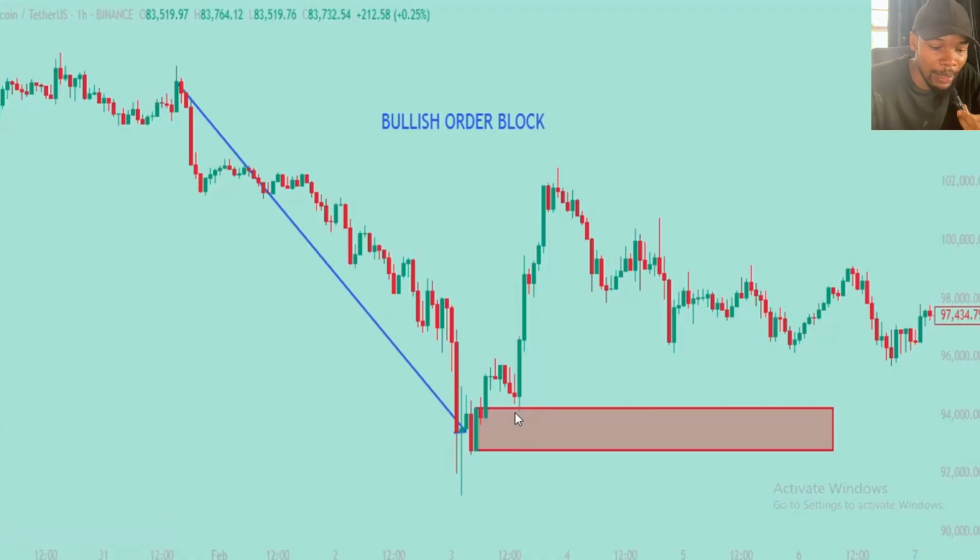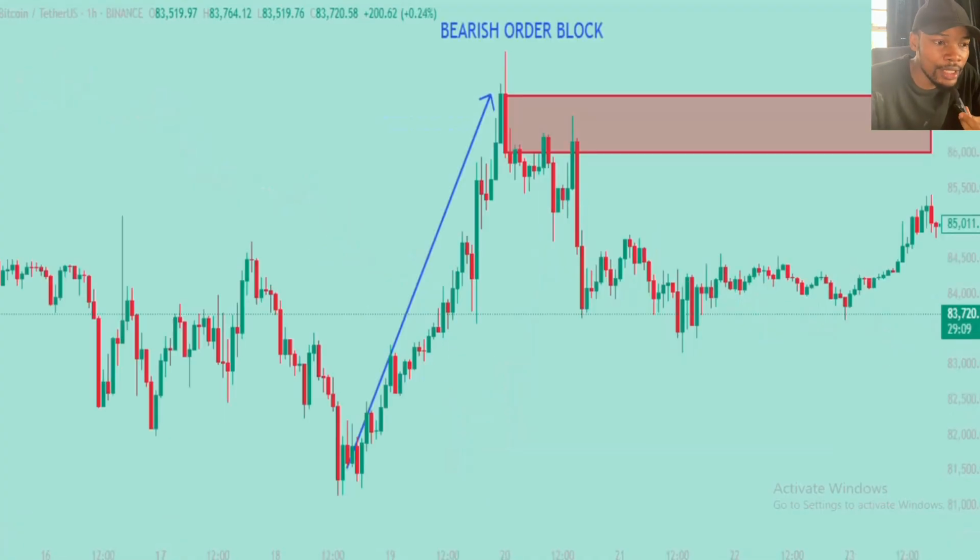All right, I'm going to give you another example. This is the bearish order block we just talked about. Here the price was going up and up and up, and here we found an order block. This one is going to be called a bearish order block because it was going up initially, and then there was a huge order block, which means banks, big guys, and of course big market movers sold, and the price marked red.